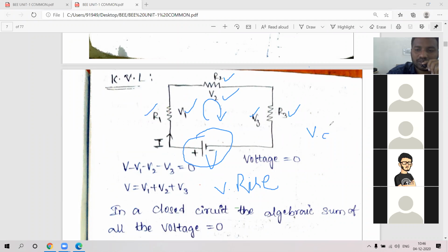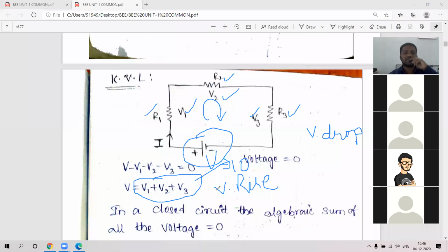Suppose I have given 10 volts, the voltage rise is 10 volts. And together V1 plus V2 plus V3 must also be 10. I have applied 10 volts, which should be consumed by those, because the source is delivering.